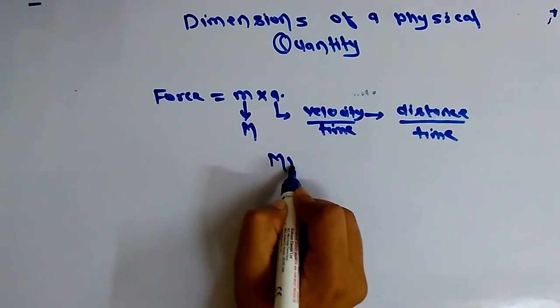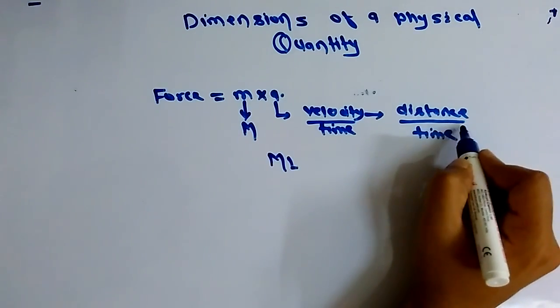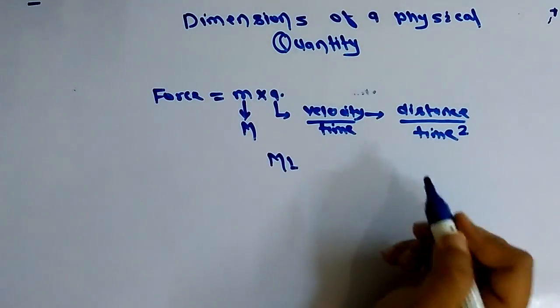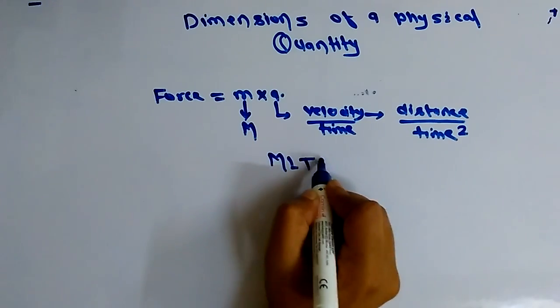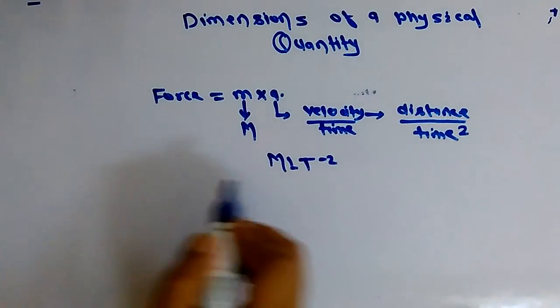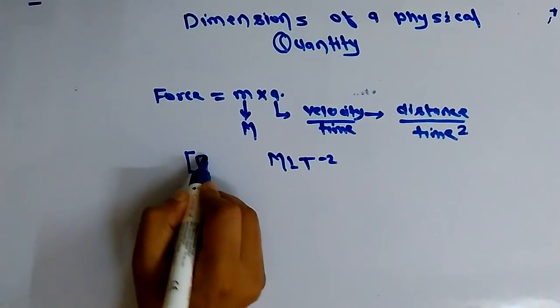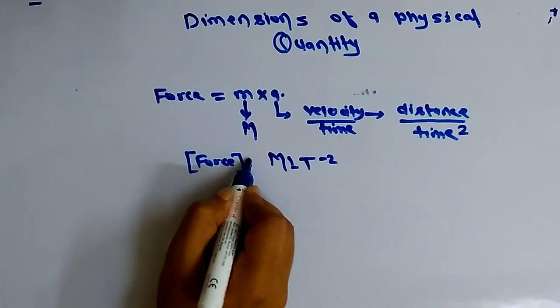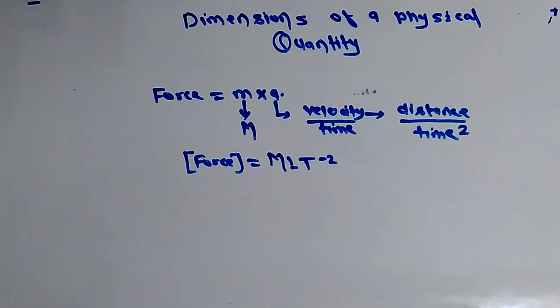So the dimension of force is mass length time to the power minus 2, that is M L T to the power minus 2.